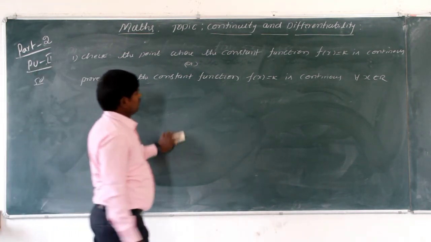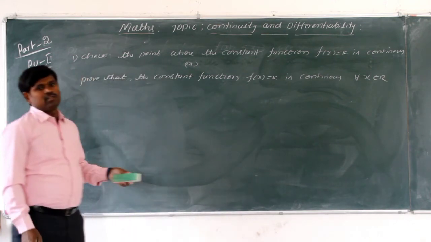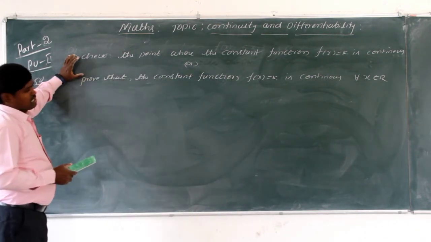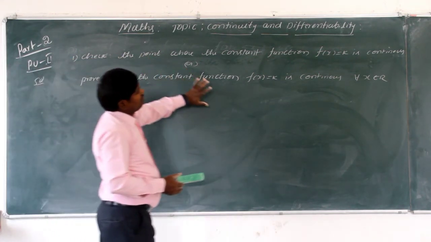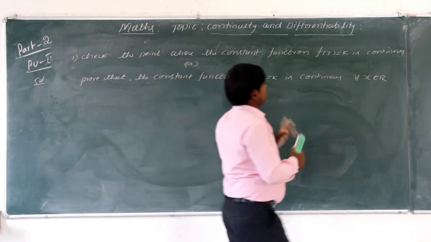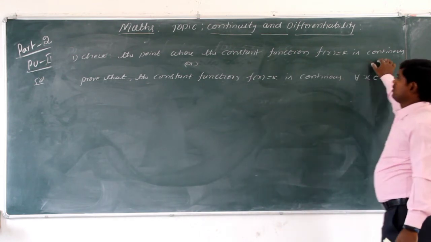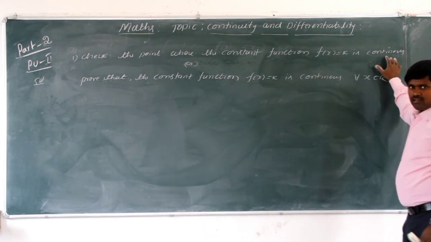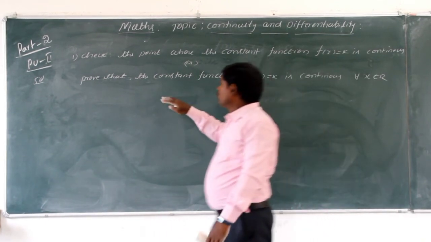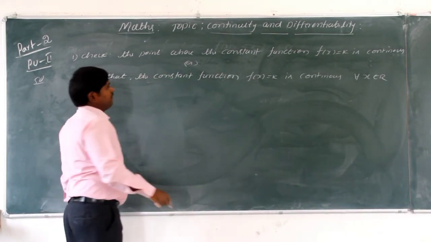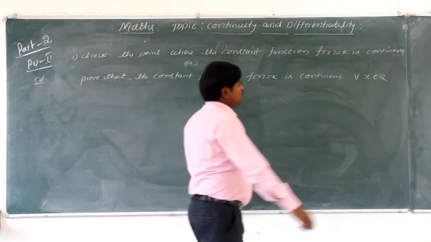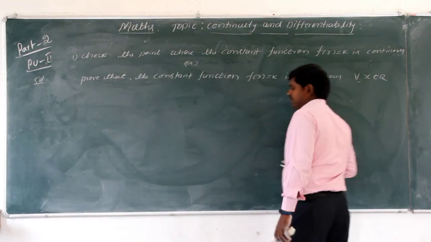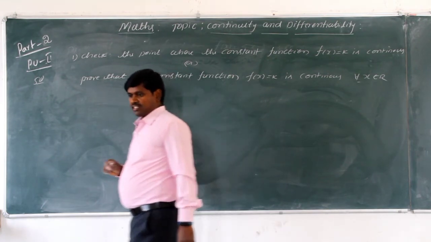See, both the questions are the same. So here we are going to check the point where the constant function is continuous, or where it is discontinuous, or prove that the constant function f of x is equal to k is continuous for all x belongs to real number. In its domain, the constant function is continuous.